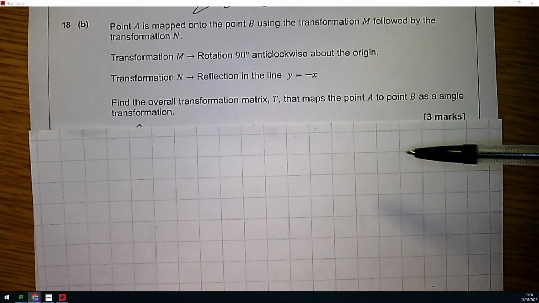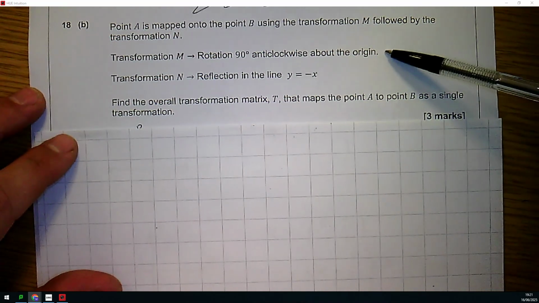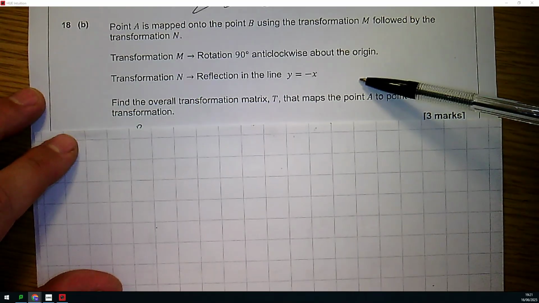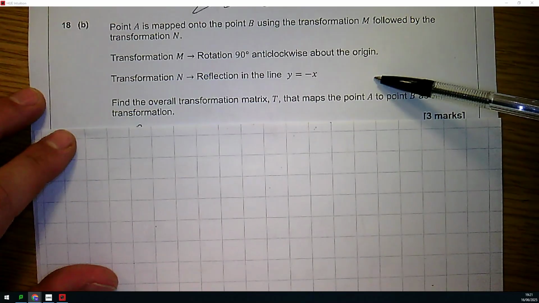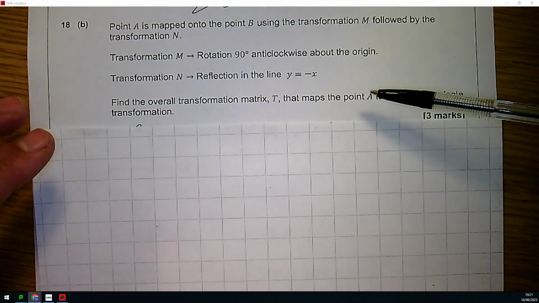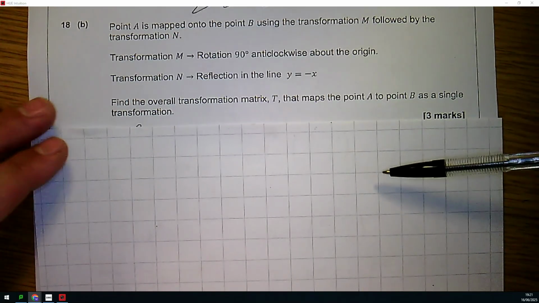However, effectively, it means this. You've got a transformation here and it acts on a point. Then you've got a second transformation afterwards. And rather than do 2 separate transformations, is there an overall transformation effect that could just be done in one transformation?